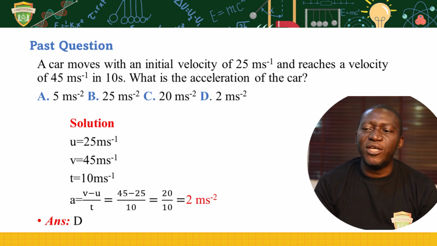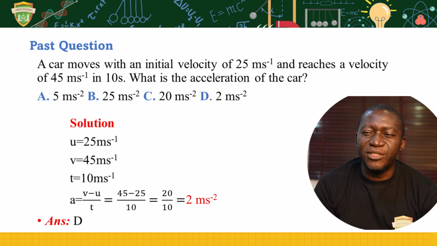If you look at this question very well, you see that a few parameters were given to you. First of all, you were given initial velocity, then you were given final velocity, and you were given time.